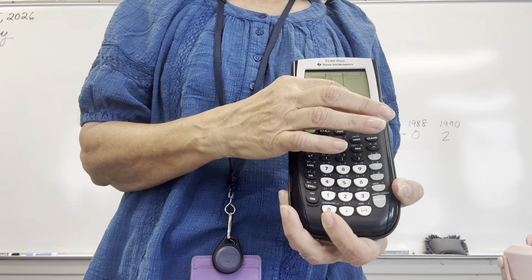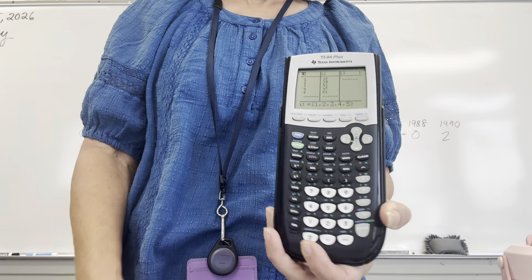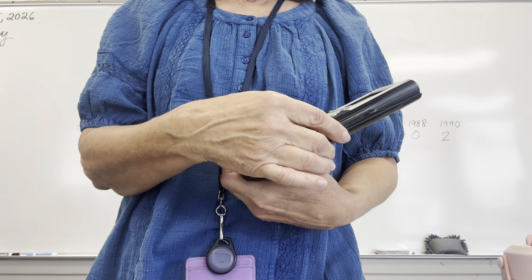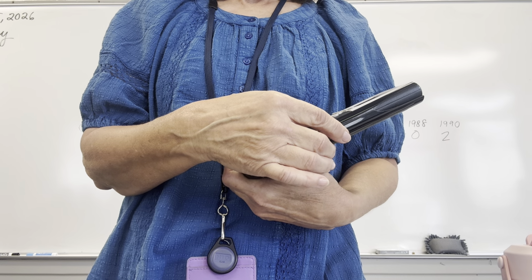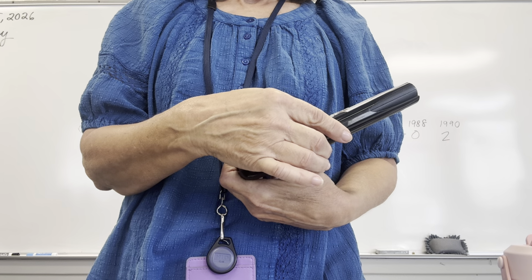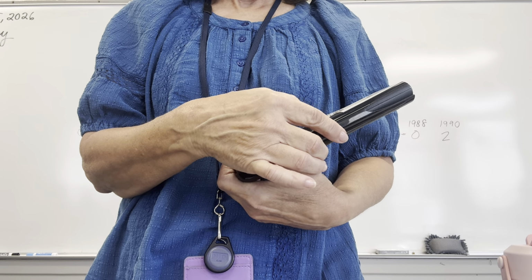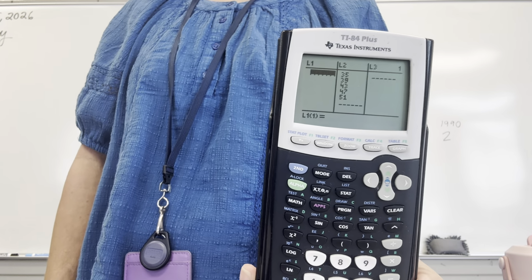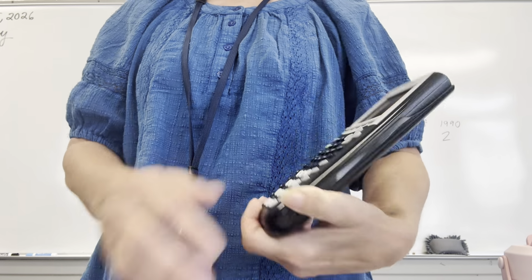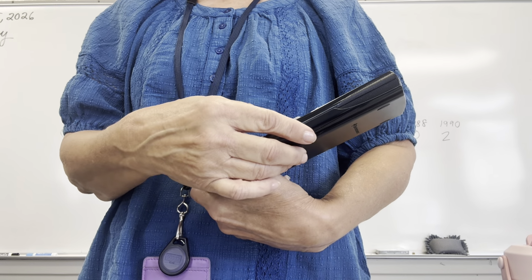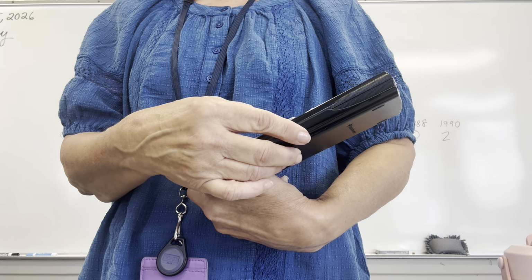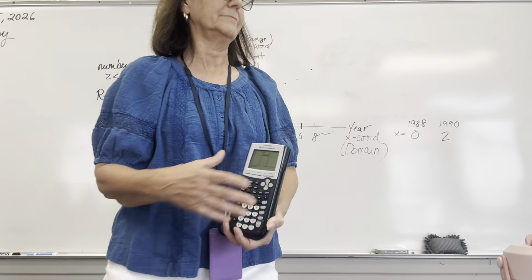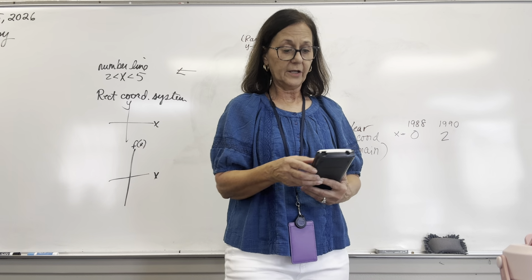If you go up to highlight list 1, hit clear and go down, it clears out the numbers. Make sense? Go over to list 2, toggle up, highlight list 2, hit clear, go down, and it eliminates them, or you can overwrite them. Your calculator will overwrite them.